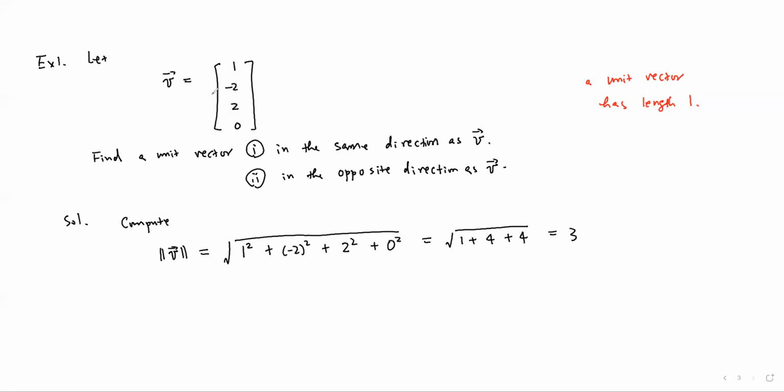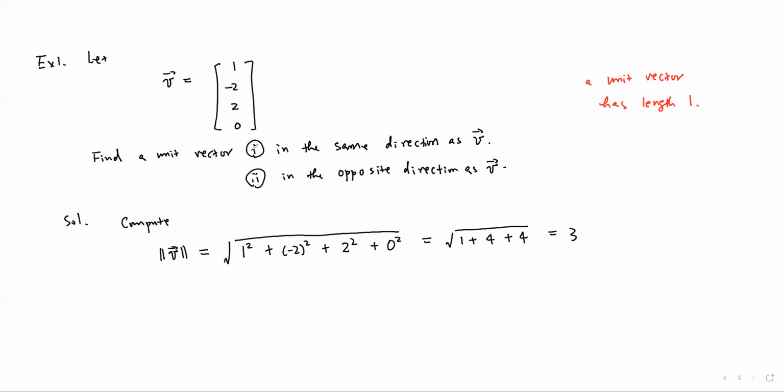It turns out that the length of this vector is 3. Even though we cannot see this vector, by formula we can still tell the length is 3.